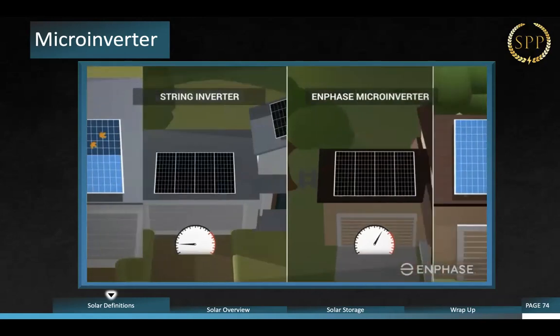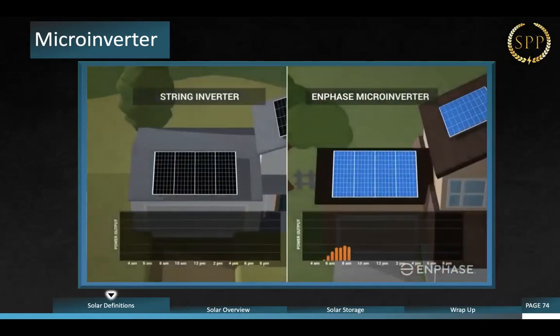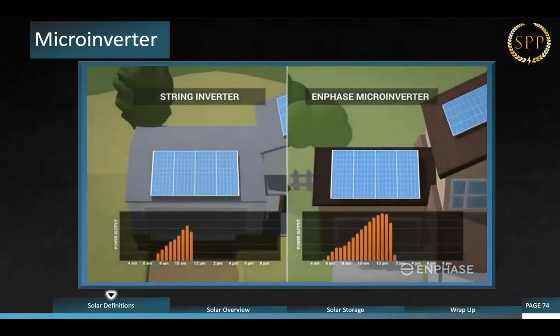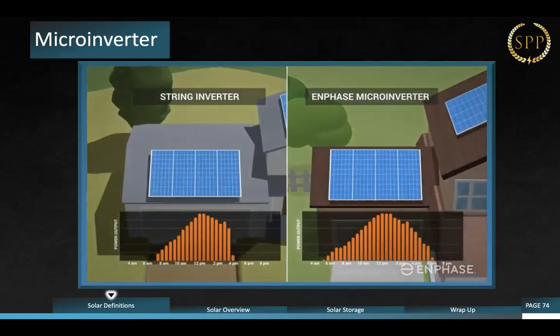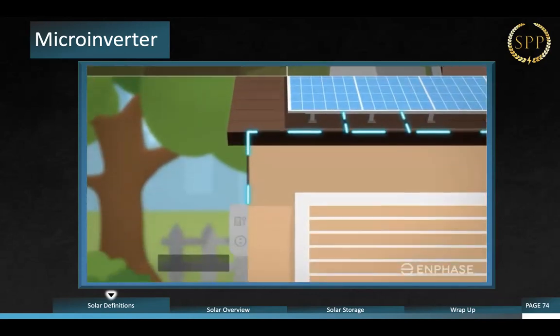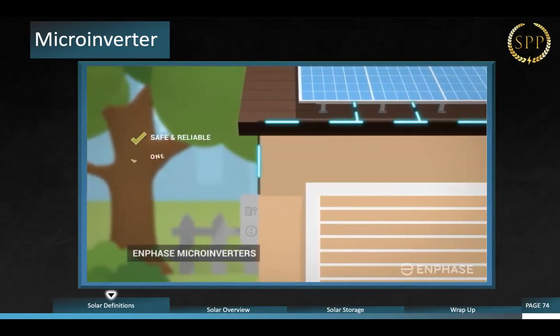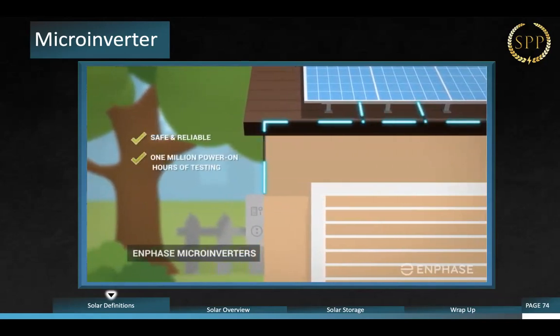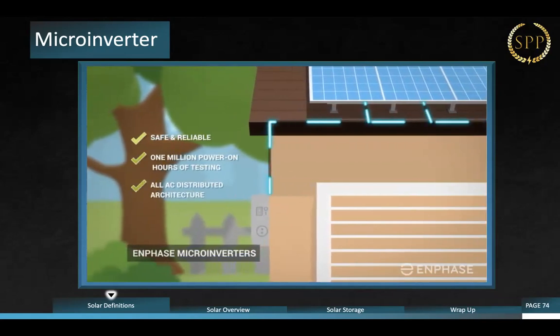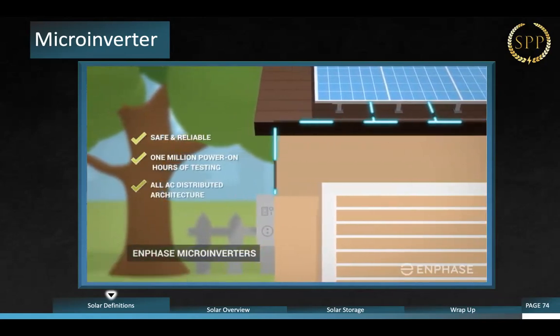That's not all. The Enphase microinverter burst mode helps produce energy even at sunrise and sunset. Now that's powerful. The IQ7 microinverter is proven safe and reliable thanks to more than 1 million hours of testing and an all-AC design that eliminates dangerous high-voltage DC on your roof.